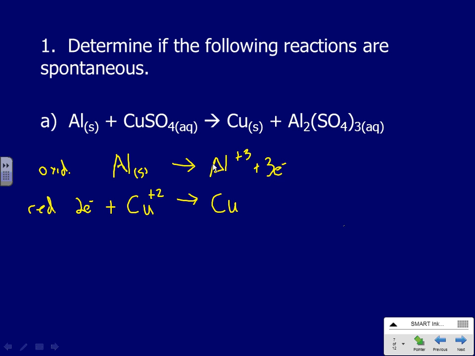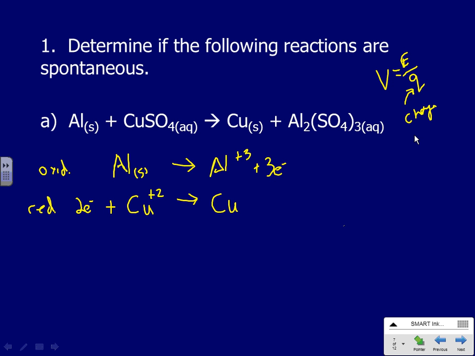But when it comes to spontaneity and when it comes to the voltage, it doesn't matter how many electrons are moving. Physics-wise, voltage is equal to energy divided by Q. Q stands for the charge, all right? And what that means is each electron carries that energy.